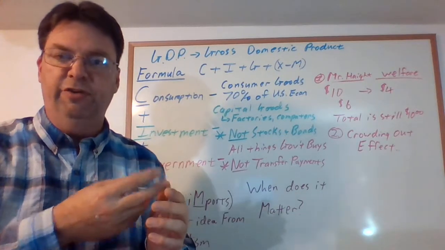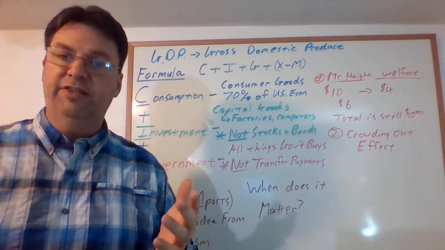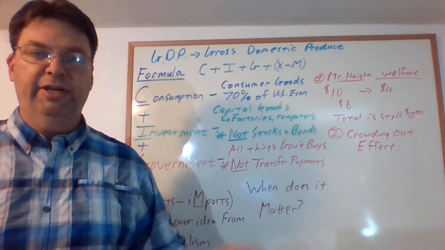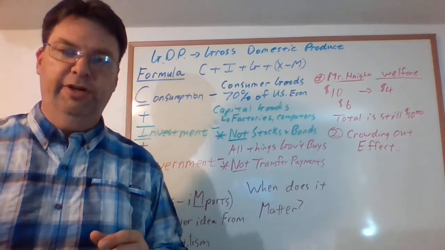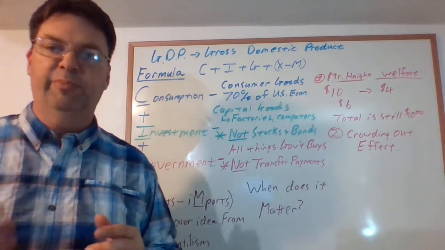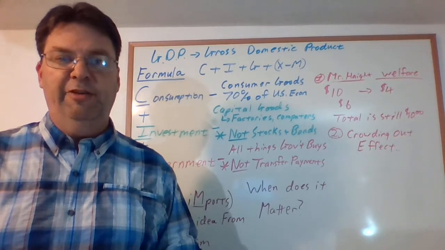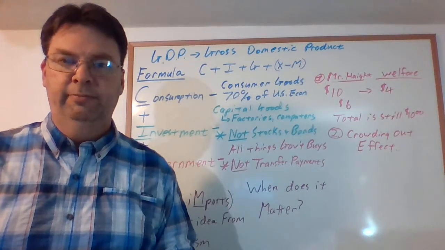They are consumed. So a can of Mountain Dew, you drink it, it's gone, it's been consumed. Whereas a capital good over here is something that is used to make other goods, like factories and computers and things like that. So most of our economy in America is consumer goods.